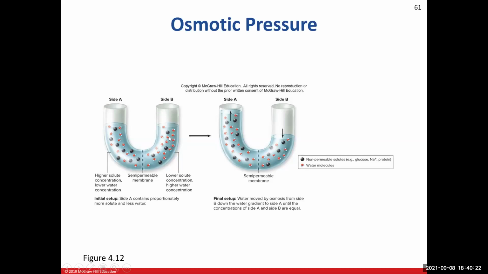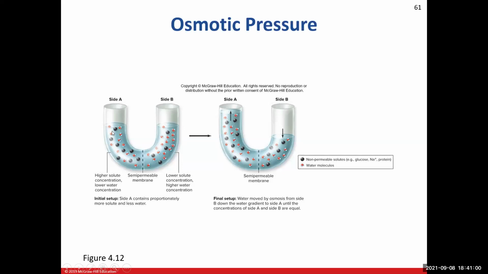If you look, there are only 4 solutes here on the right side, on side B, and there are 8 solutes here on side A. So knowing what we know about what water wants to do, it wants to move from an area of high water concentration to low water concentration. Or we can say water wants to move to the area with a greater solute concentration. There's 8 on this side, 4 on this side, so it's going to want to move from B to A.